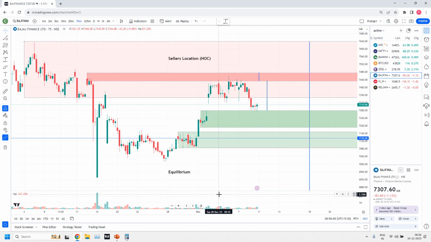In ITF, we will not be using demand and supply zones for the time being. We will be using it only for trend calculations. And the third one is lower time frame, LTF. And the lower time frame LTF is used again for identifying demand and supply zones. But these demand and supply zones are used for identifying your entry, your stop loss, and your target.